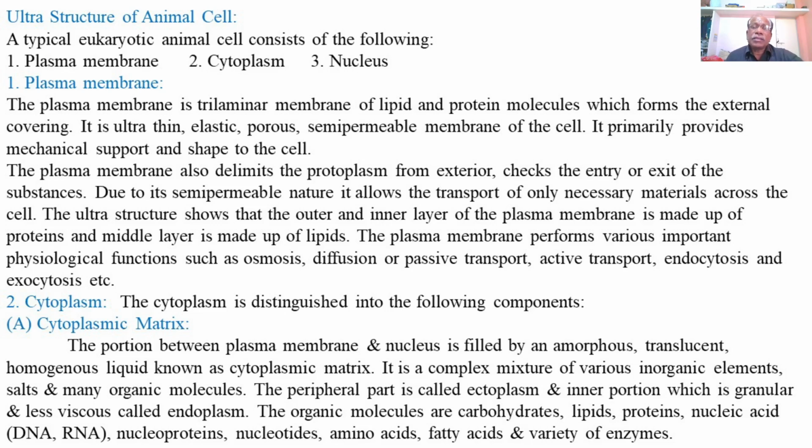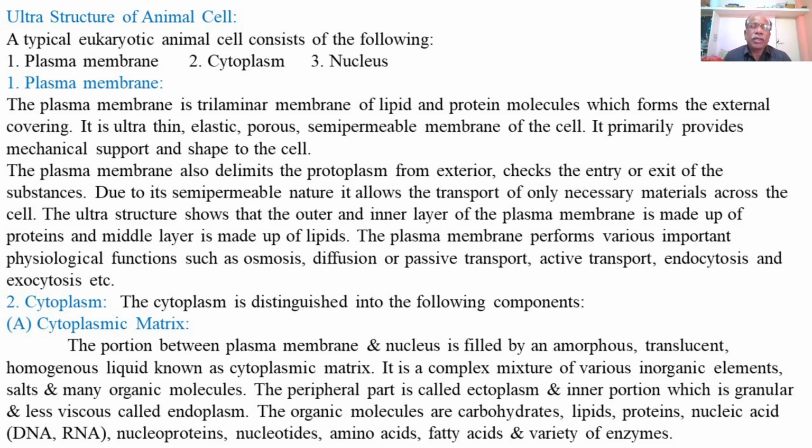So the cytoplasmic matrix is a part of the protoplasm or cytoplasm, and is a complex mixture of various organic and inorganic substances. Inorganic substances include salts and various inorganic elements, and organic molecules such as carbohydrates, proteins, lipids, nucleic acids such as DNA, RNA, nucleoproteins, nucleotides, amino acids, fatty acids, and a variety of enzymes.